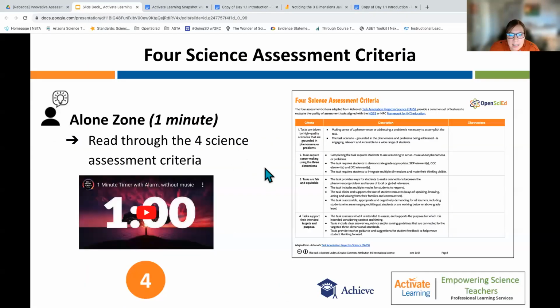So you're going to go back into the alone zone, thinking by yourself, just to dip your toes in here and think about what the 4 criteria and the description are. So I will be quiet while you read the 4 science assessment criteria.